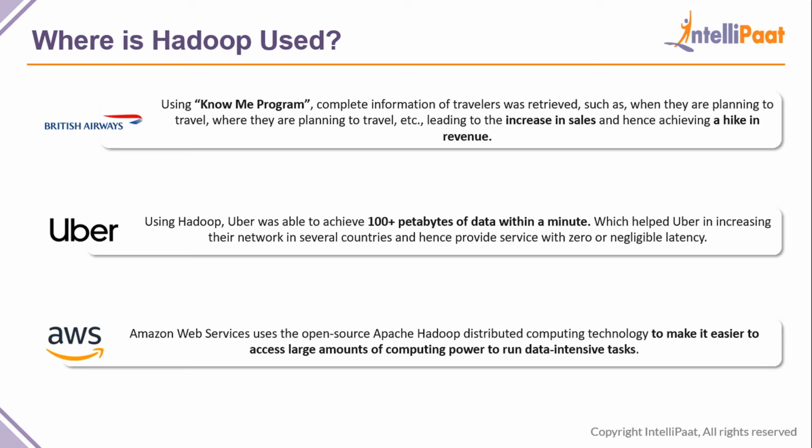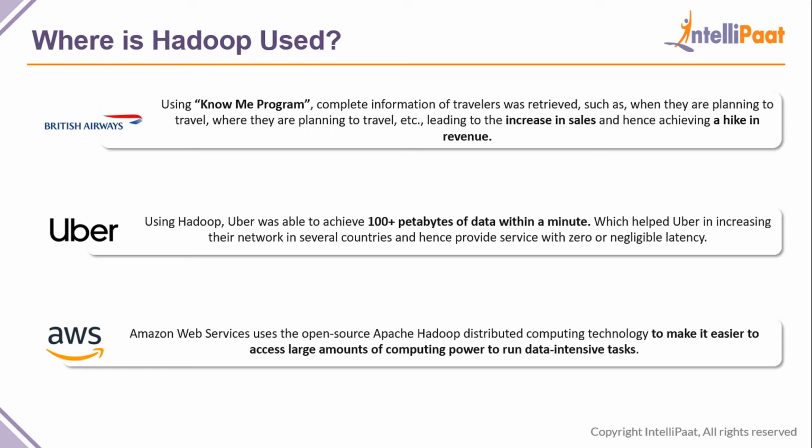I can tell you Hadoop is used in all the big companies, but that wouldn't add value to what I'm saying. But if I have to tell you where Hadoop is specifically used, let me tell you about British Airways. British Airways has a program called the Know Me program, where it collects all the information of the travelers, like where they're planning to travel, when they're traveling, in a very big database.